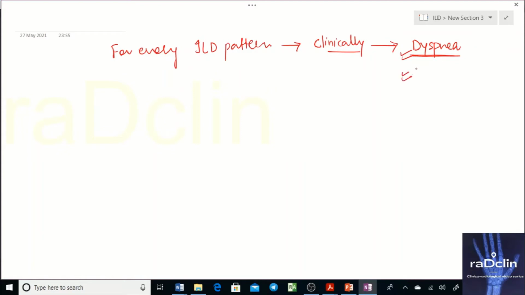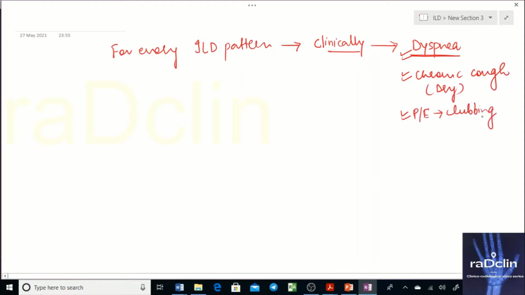Before the diagnosis, before the patient comes, the patient can have chronic cough, which is typically dry. On physical examination, the patient presents with clubbing due to chronic, low grade hypoxia.